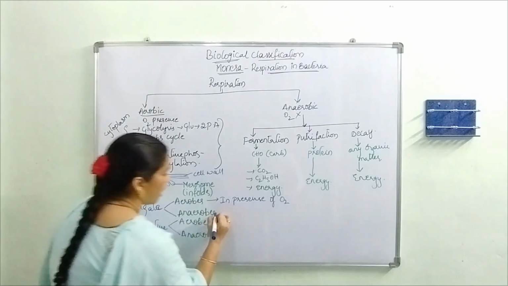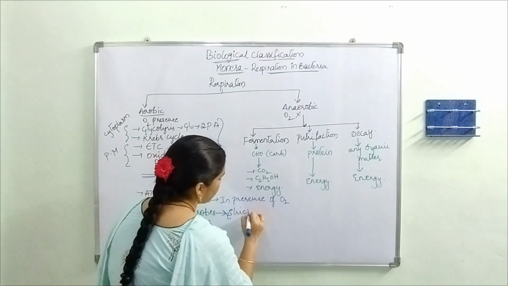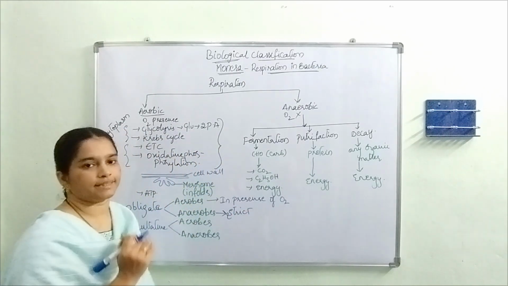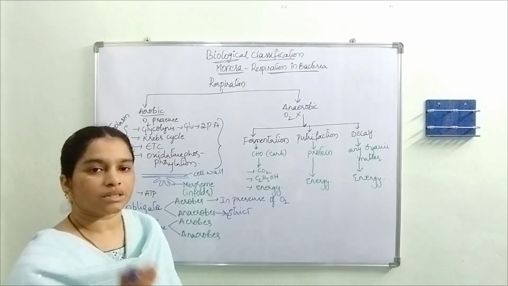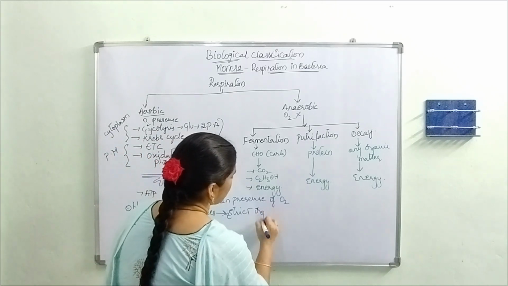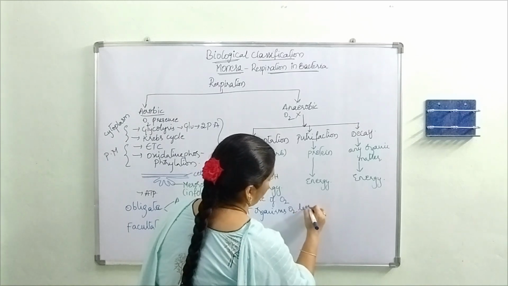What are obligate anaerobes? These are also strict organisms, that is, in the presence of O2, they die. So they need a strict oxygen-less environment. Okay, strict organisms which survive in oxygen-less environments.